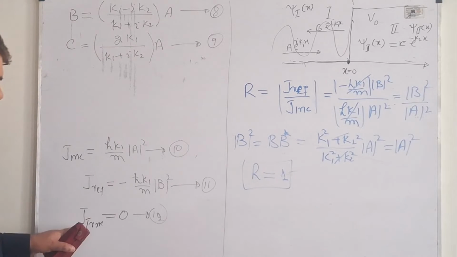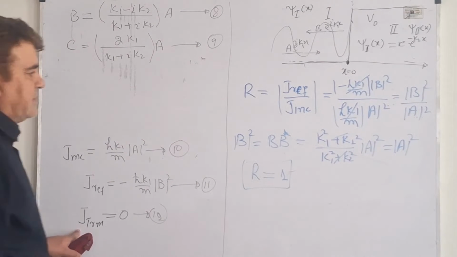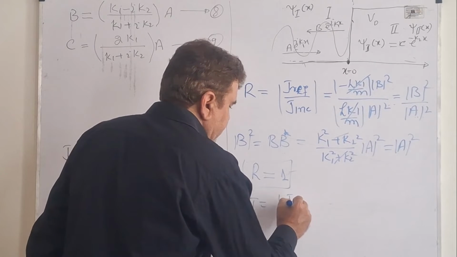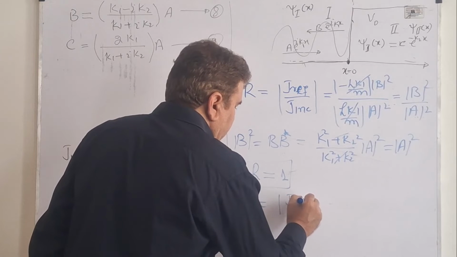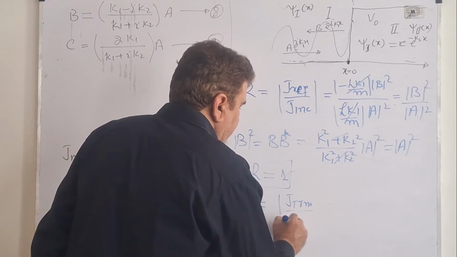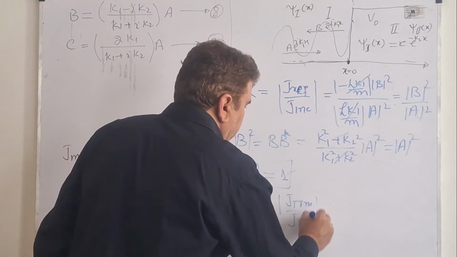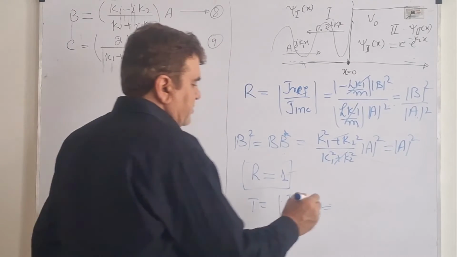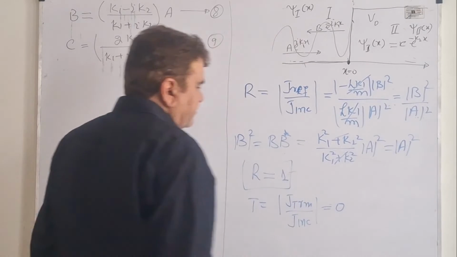And similarly, if I find the transmission coefficient, the transmission coefficient by definition is given by J transmission divided by J incident mod, and of course J transmission is 0, so the transmission coefficient is 0.